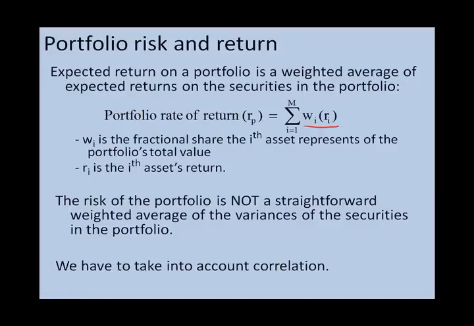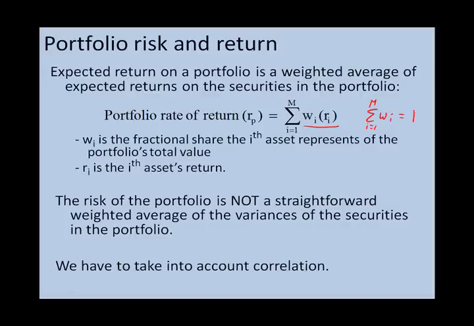W_I, the weight that we put on stock I, represents the proportion of the portfolio that is taken up by stock I. And we know that in a portfolio, the sum of all the weights must add up to 1. So the portfolio return is easy to calculate using a weighted average.